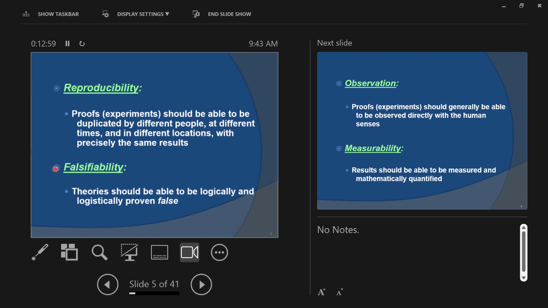Good. Let me give you an idea that is not falsifiable, and see if you can tell me why it's not falsifiable. I don't care regardless if you believe in some higher being or not. If I said God does not exist, okay? Or if I said God does exist, let's go with God does exist. I'm not speaking of any specific religion, but if I said there's a God, is that a falsifiable statement?